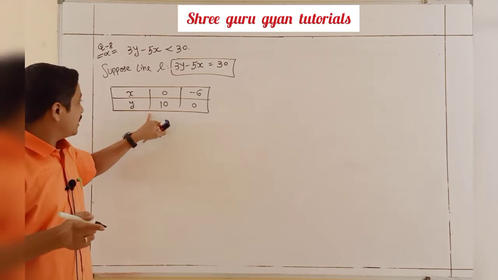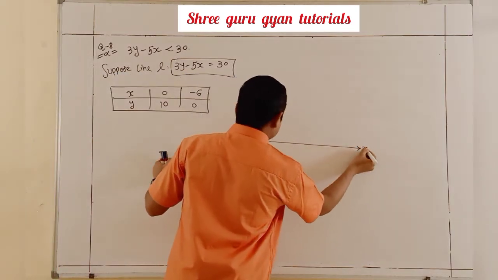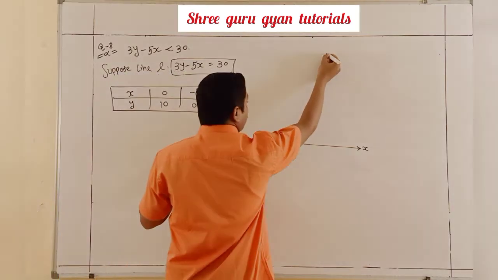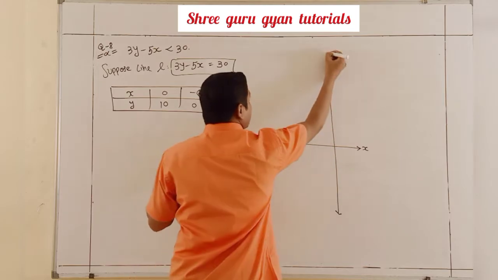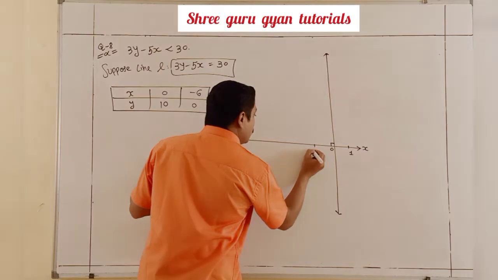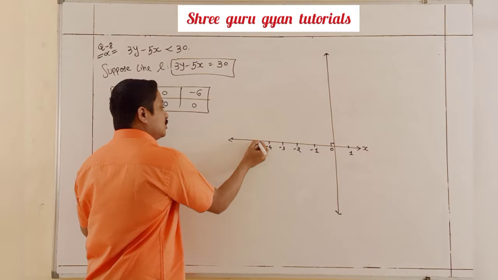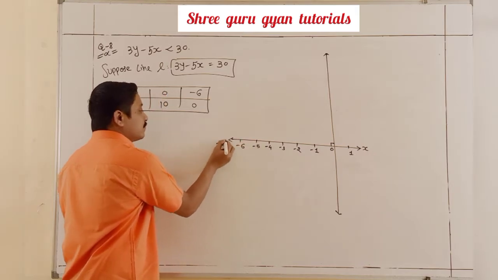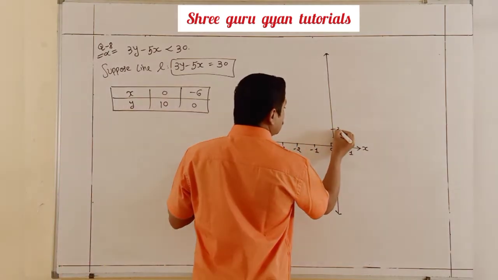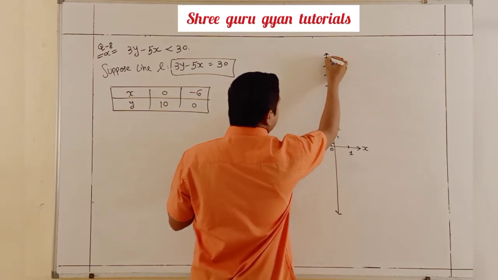Your answer is y positive, x negative. It means your region goes to this side, x negative, y positive, so you can plot your graph on this side. Here is your origin, then 1, 0, -1, -2, -3, -4, -5, -6 up to that. And y is 10, so I take here 1, 2, 3, 4, 5, 6, 7, 8, 9, 10 on your y axis.